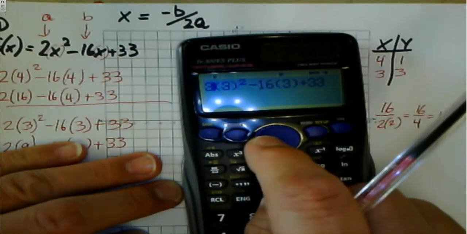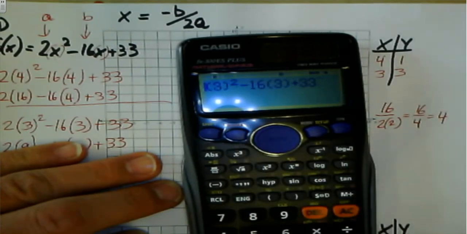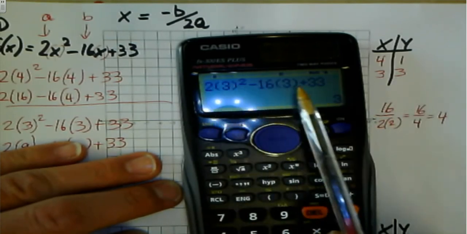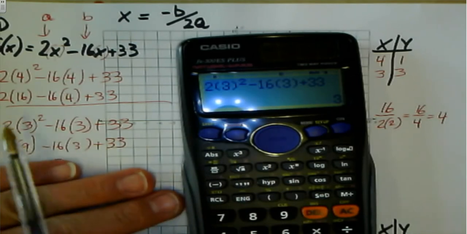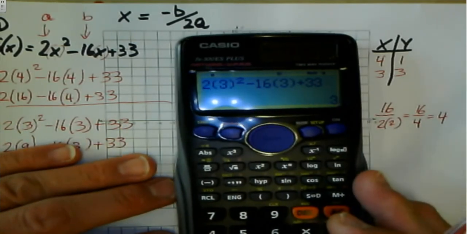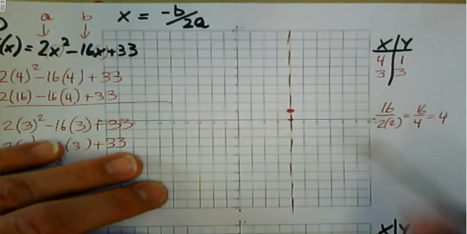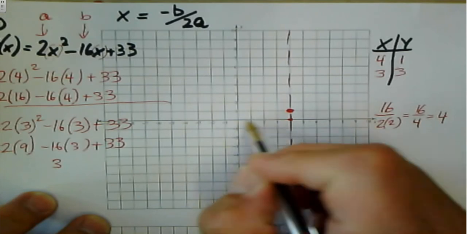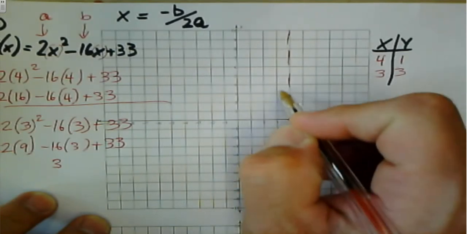I put 3 in there. 2. And now we got 3. See, that's why this is here. It's great to see. If you come up with a really high number, make sure you entered it in correctly. And that happens. So there's 3. All right. That's the longest we're going to take on these. 3 and 3. So I go 3 on the X and 3 on the Y.